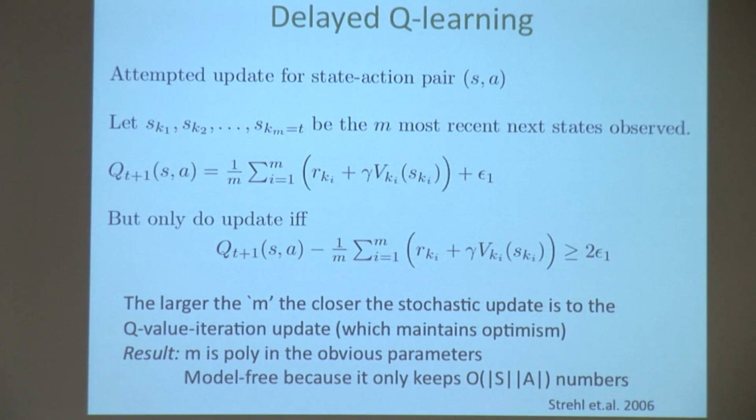Can you define optimism? Sorry, I thought I did, but maybe I didn't. Optimism simply means I have a larger than optimal value function. So I start with an initial guess of the value function that's larger than the actual optimal value function. I'm thinking every state action pair is better than it really is.